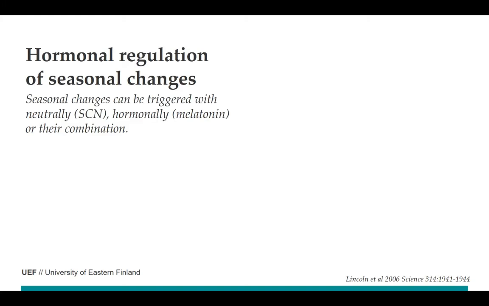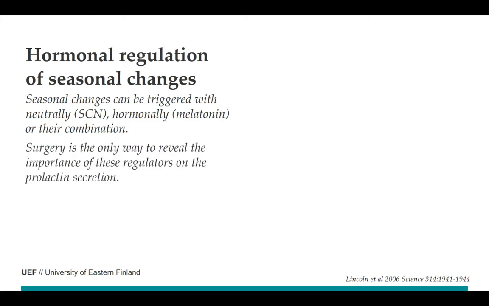Because, well, we already learned that we have the central nervous system, we have the suprachiasmatic nucleus, and then we have hormonal regulation like melatonin, and they can both be important. How to test them?